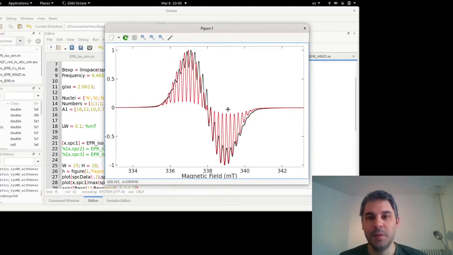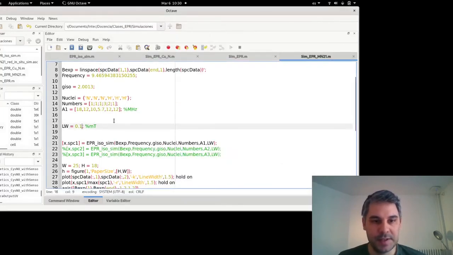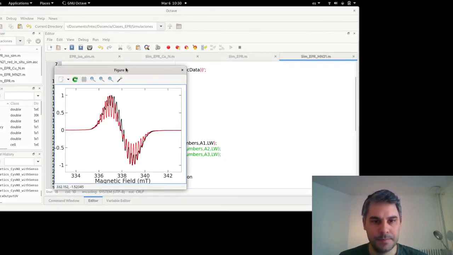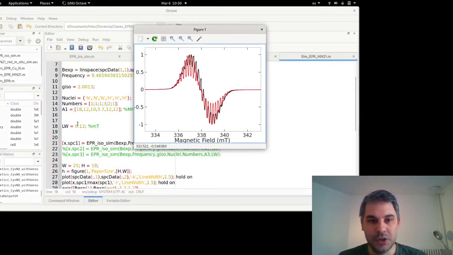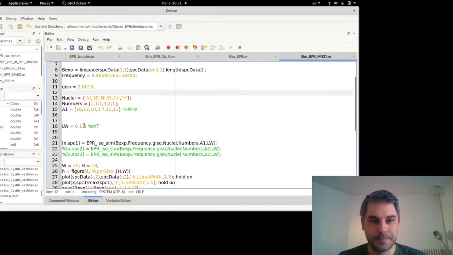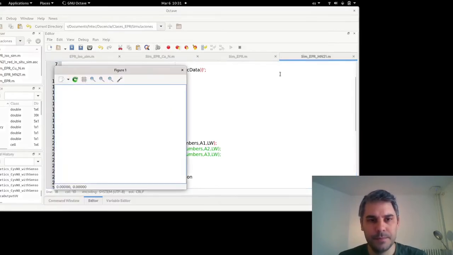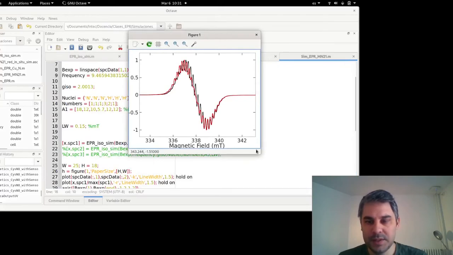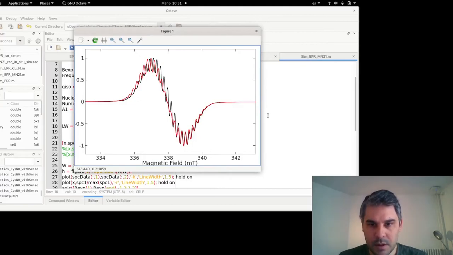So my simulated spectrum is a little bit simplified compared to the experimental one, and therefore the peaks look sharper. But if I increase this a little bit, it's going to become better. You see how it's just by increasing the line width, it's becoming more similar. So now I will increase it further. And now it's, I would say, quite similar.